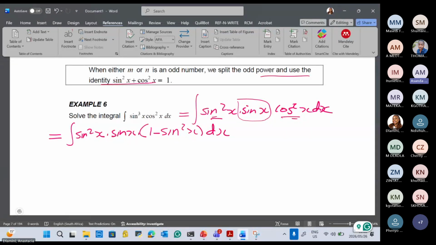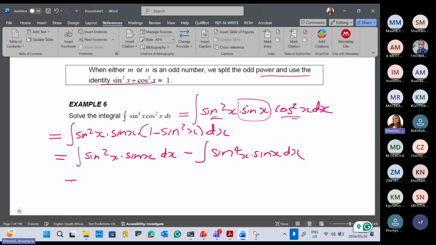Now this becomes the integral of sine squared x times sine of x dx minus the integral of sine to the power of 4 of x times sine of x dx. So this becomes the integral of sine to the power of 3 of x dx minus the integral of sine to the power of 5 of x dx.